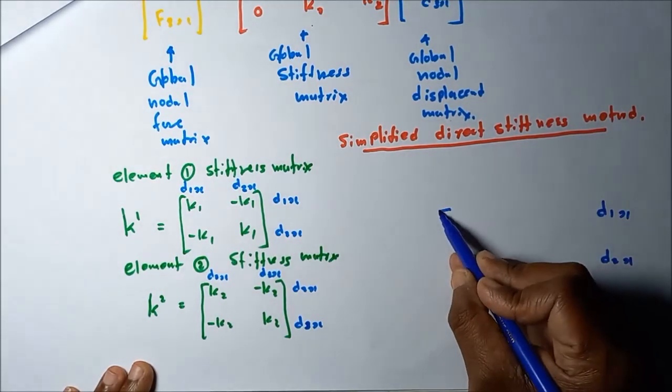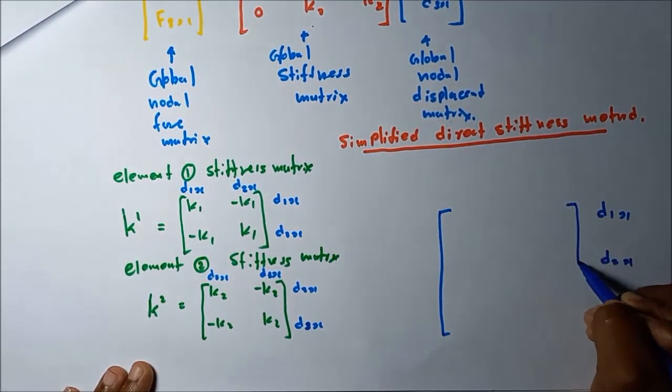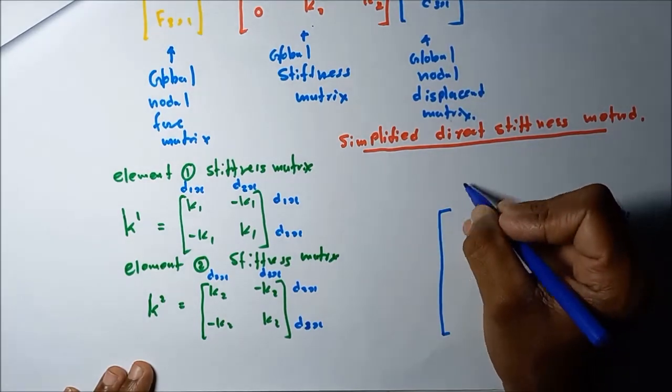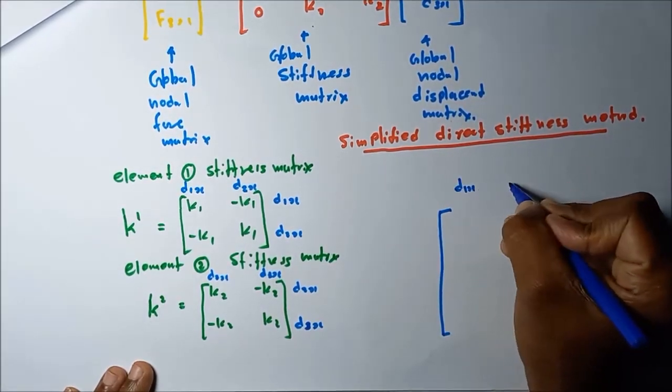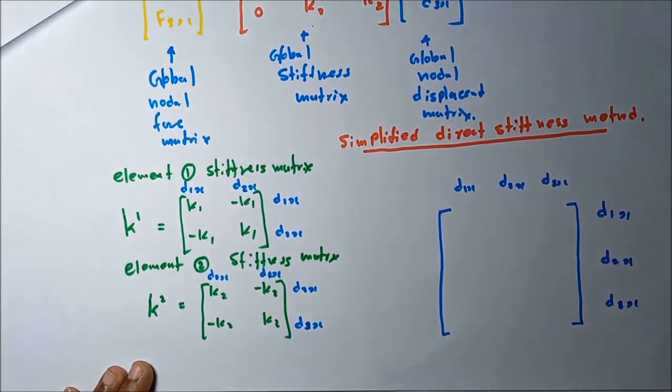I will name this global stiffness matrix in this manner: d1x, d2x, and d3x. This column also d1x, d2x, and d3x. In this manner we can represent the global stiffness matrix.